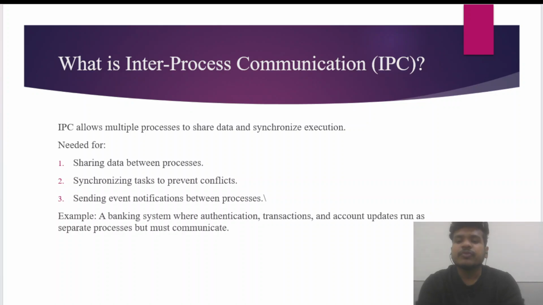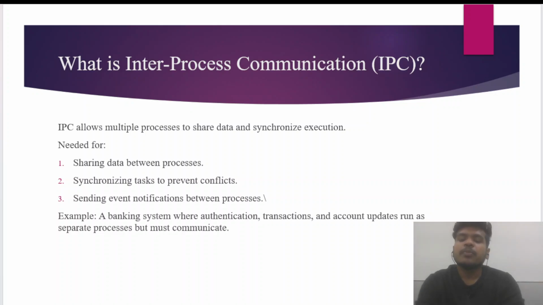The key reason for inter-process communication is sharing data. That is, one process generates data while another analyzes it. Then synchronization, ensuring a file is not modified by two processes simultaneously. Then we have event notification, that is, letting one process know when another has completed a task.